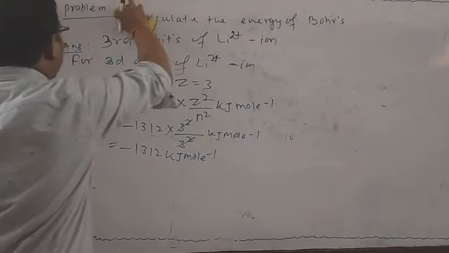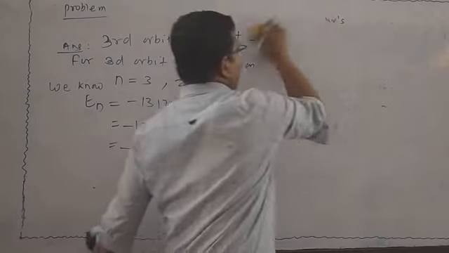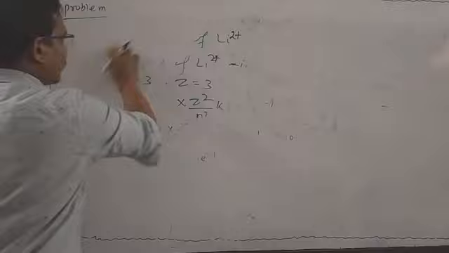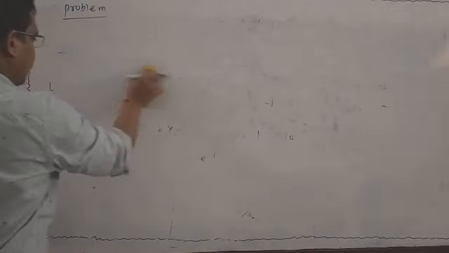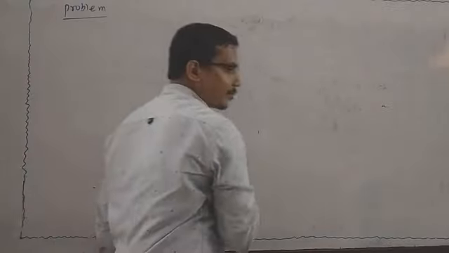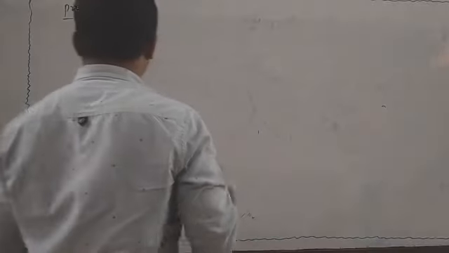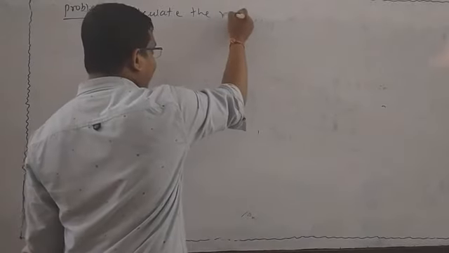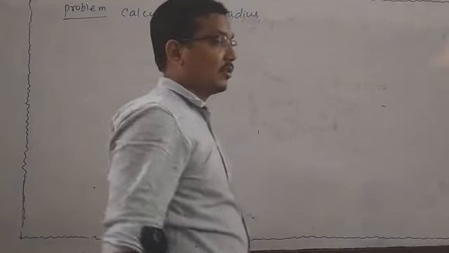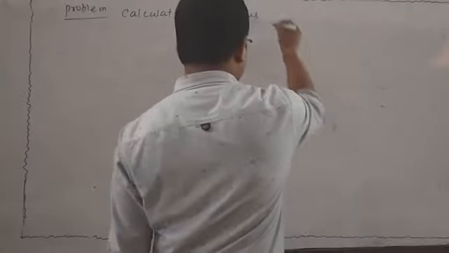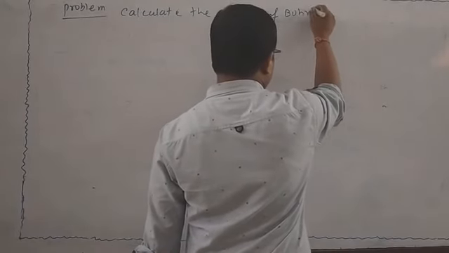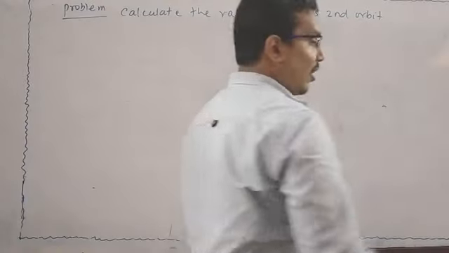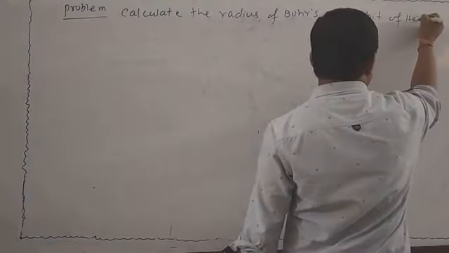Suppose take problem number 2. Calculate the radius of Bohr's second orbit of He plus ion.